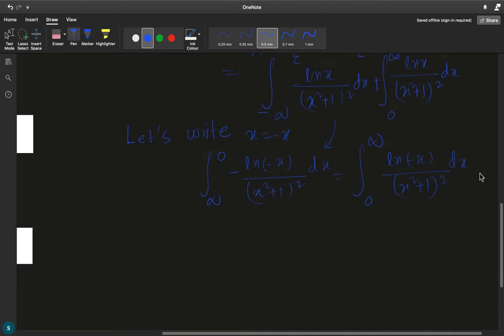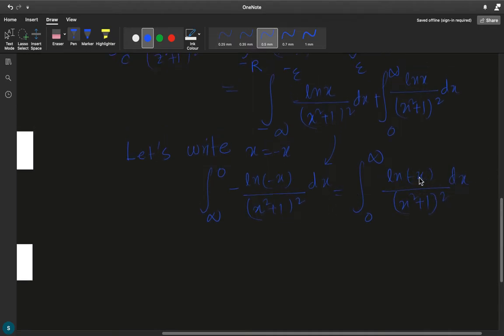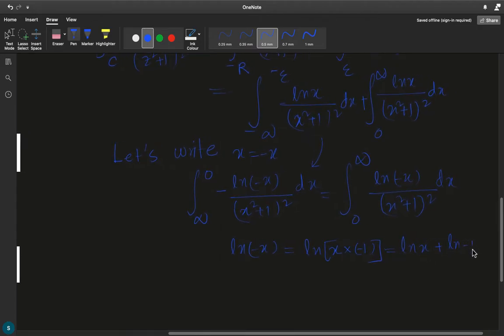Alright, now I want to write ln of minus x in this format: ln of minus x equals ln of x times minus 1, so we can write ln x plus ln of minus 1.